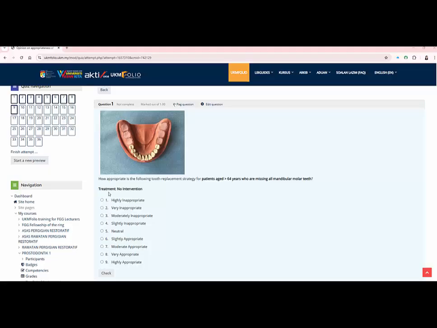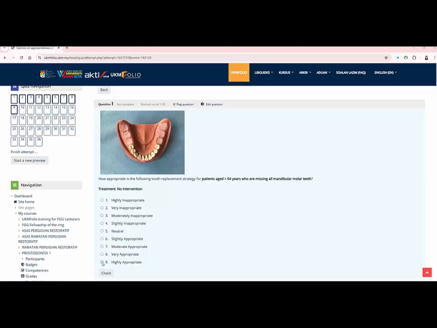The treatment option is to provide no intervention. So you think that in this elderly patient, is no intervention an appropriate treatment option or not? If you think it is inappropriate, you just click here, up to 9.